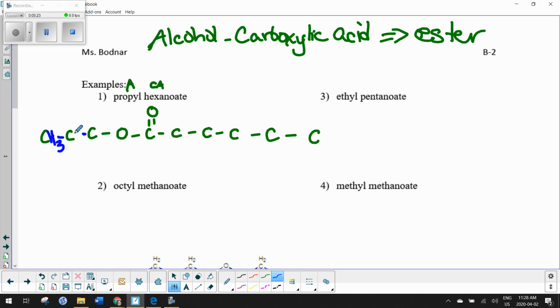This carbon has 2, you need 2 more. This carbon has 2, you need 2 more. The O only needs 2. This carbon has 1, 2, 3, 4, so it's good. This has 2, so CH2, CH2, CH2, CH2, and then CH3.